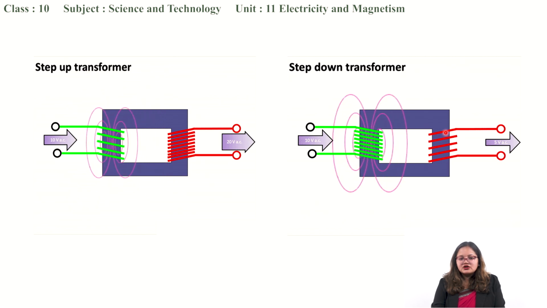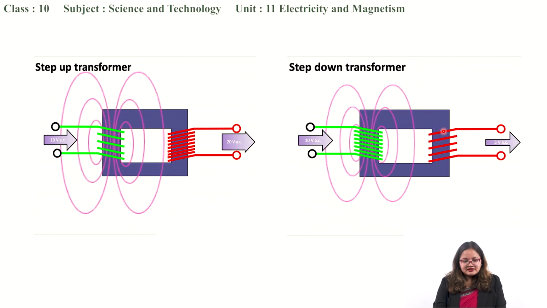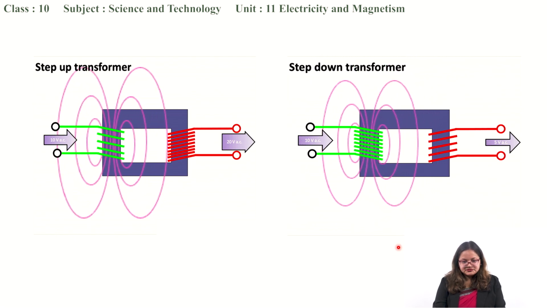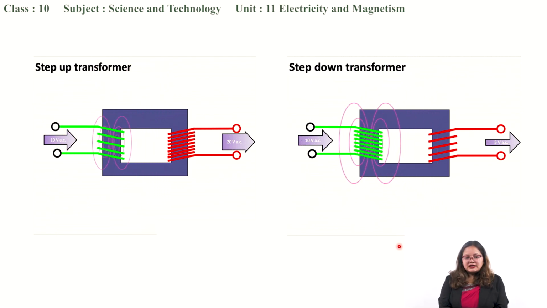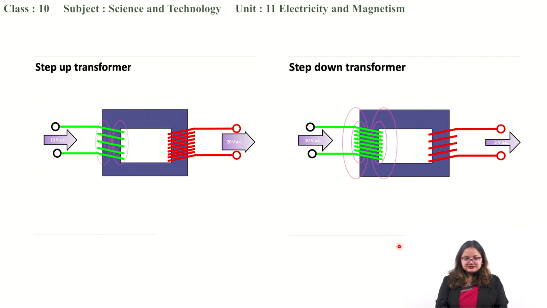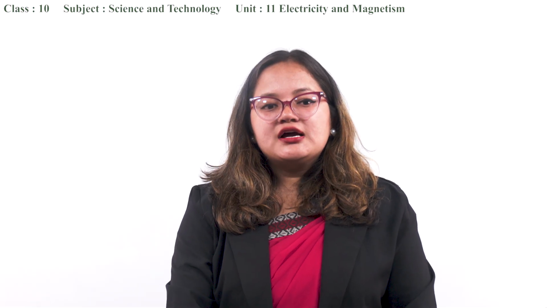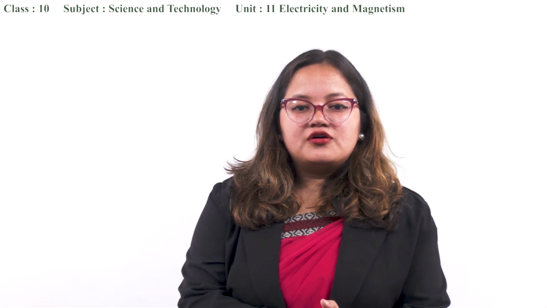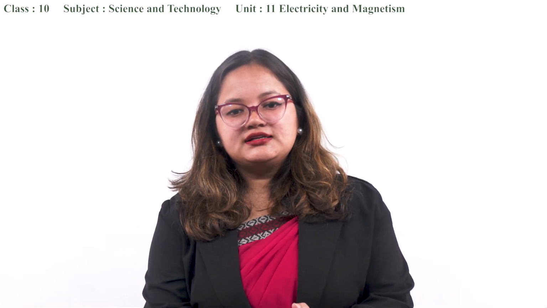So the number of turns is determining whether the transformer is step up or step down. So I think now you know the basic definitions of step up and step down transformer, right? So we are going to use certain aspects to know about the differences of step up transformer and step down transformer.